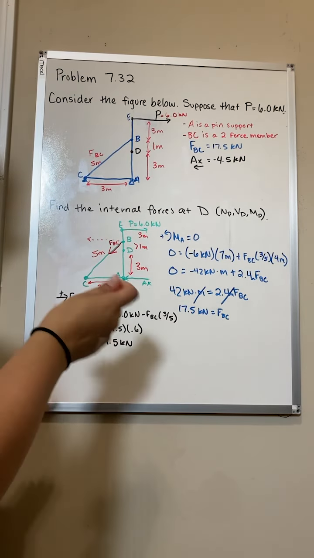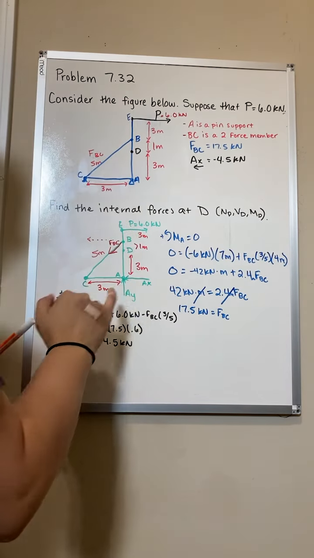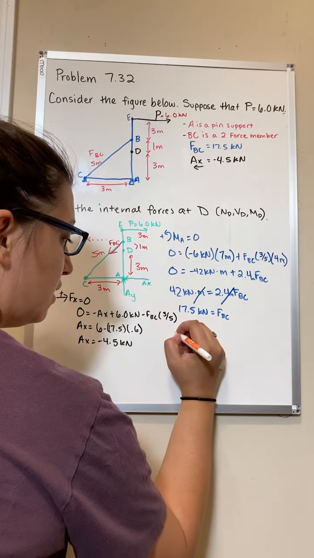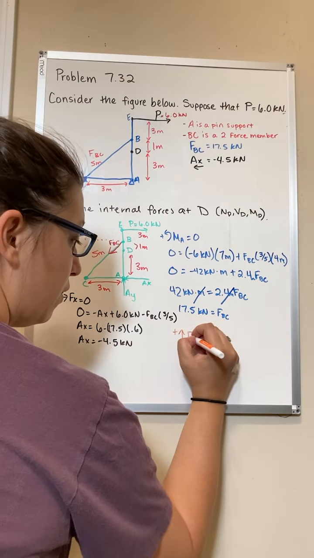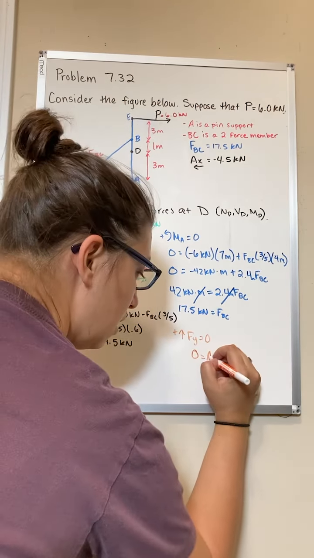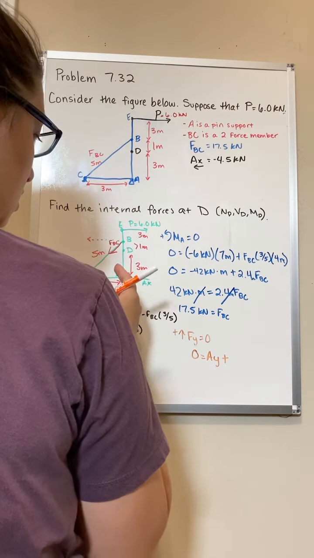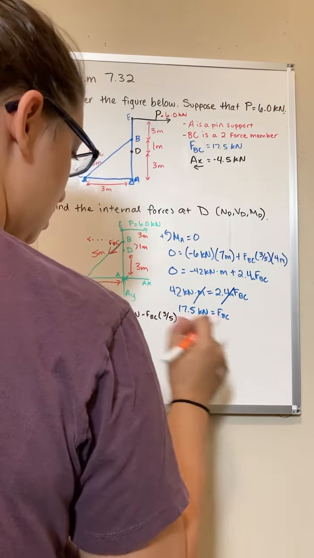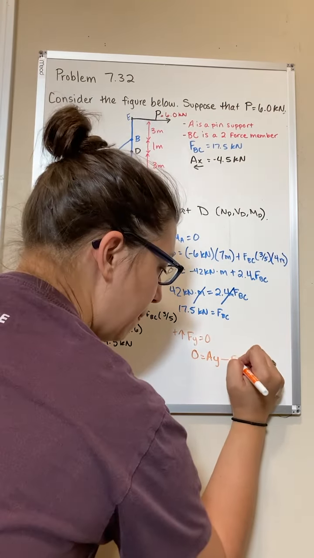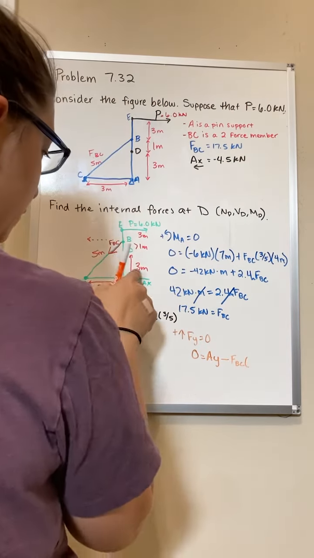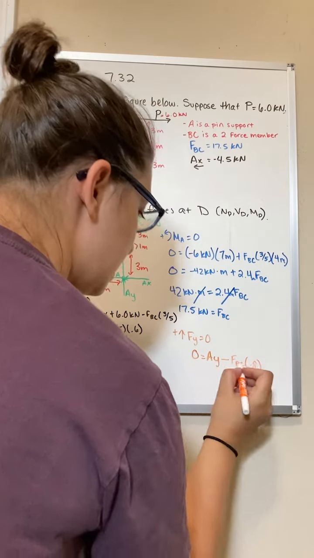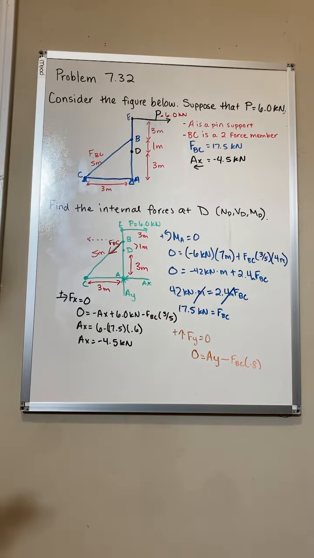And then the last portion is we're going to look for Ay. And so this one's going to be pretty simple as well, with positive up. Sum of Fy equal to 0. We have 0 equals Ay plus, minus, because it's going to be pointing down, FBC times 4/5, which is going to be 0.8, and FBC times 0.8, 17.5.